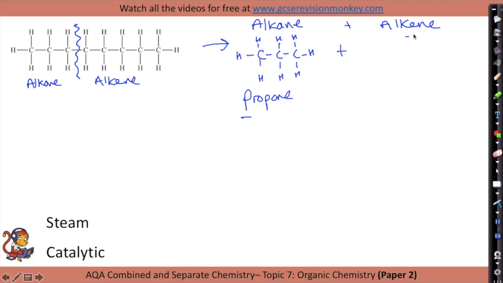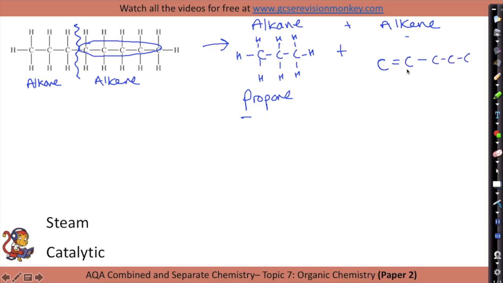And the second product is an alkene. This is slightly different. Whereas we said this was saturated, alkenes are unsaturated, which means it still has its 5 carbons from this cracking process over here, but one of the pairs of carbons has a double covalent bond.